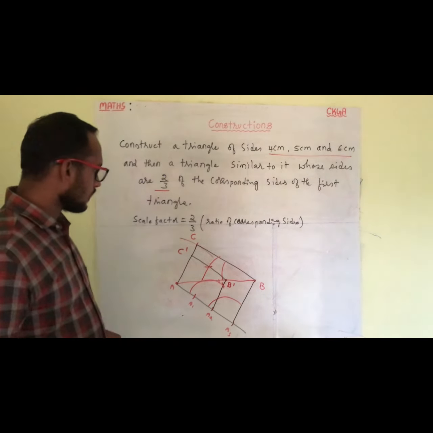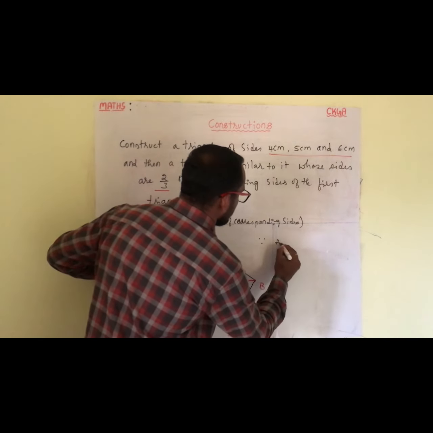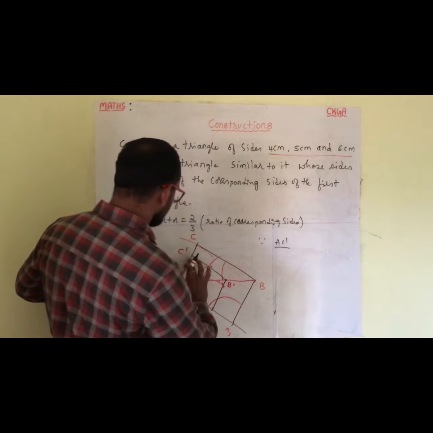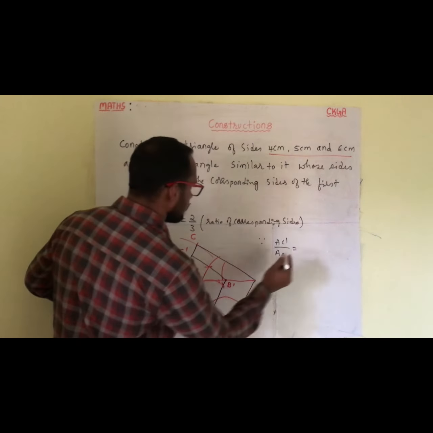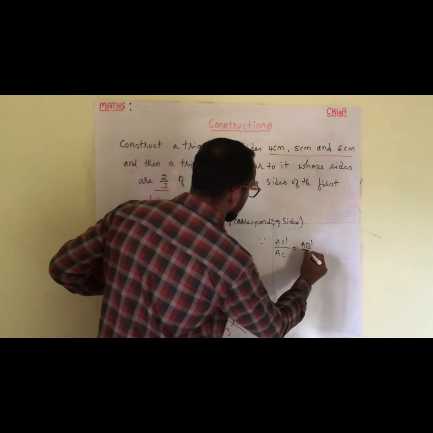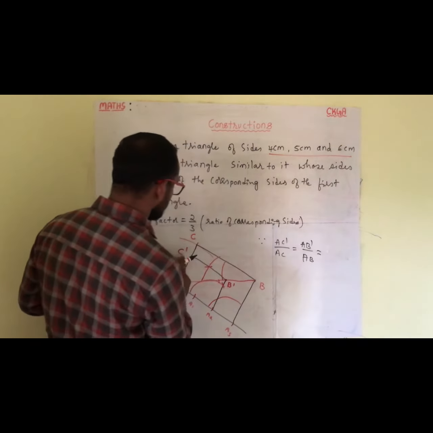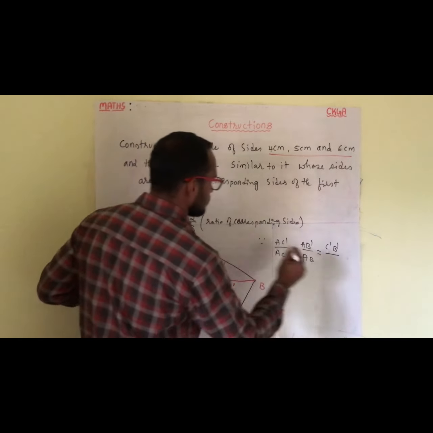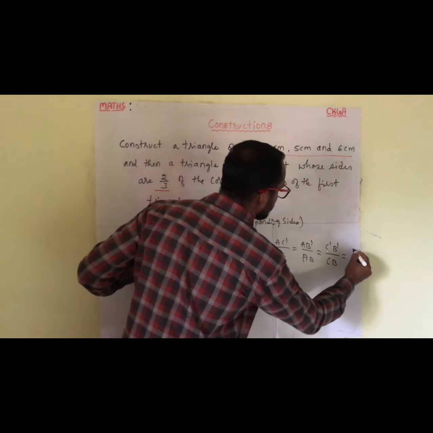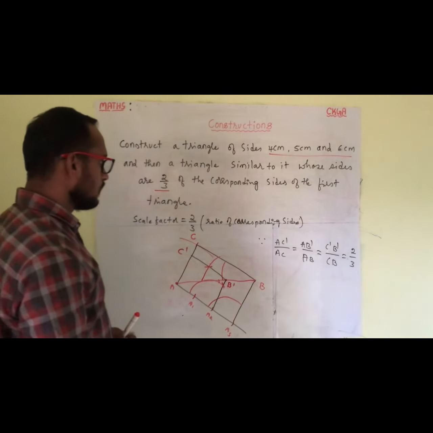Since AC dash by AC is equal to AB dash by AB is equal to C dash B dash by CB, all are equal to 2 by 3.